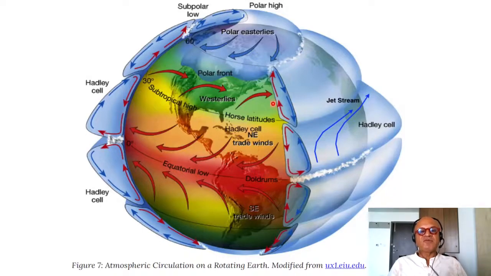But you see that we have now complicated the situation. Air is not going to be able to go directly from the poles to the equator because of these rotational effects. Air that is flowing out from the high pressure at the poles is again going to experience Coriolis and be tilted to the right. So instead of going south, it's going southwest.